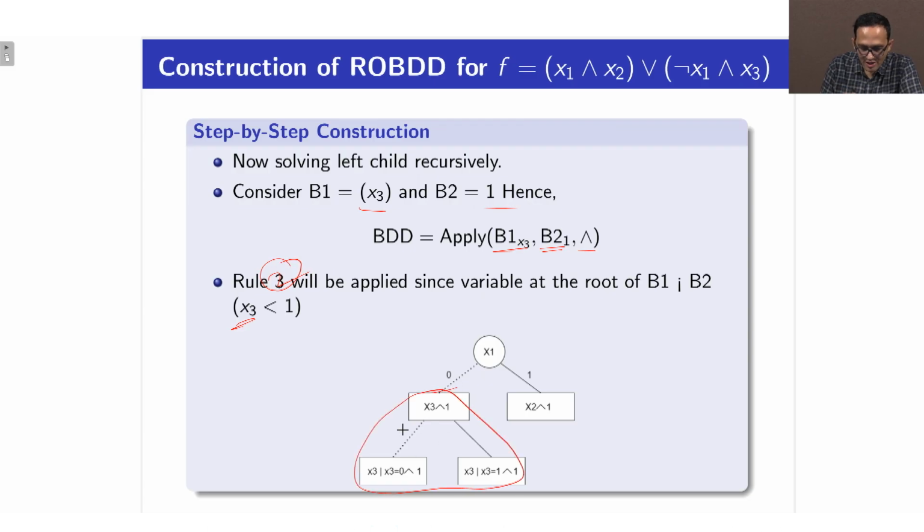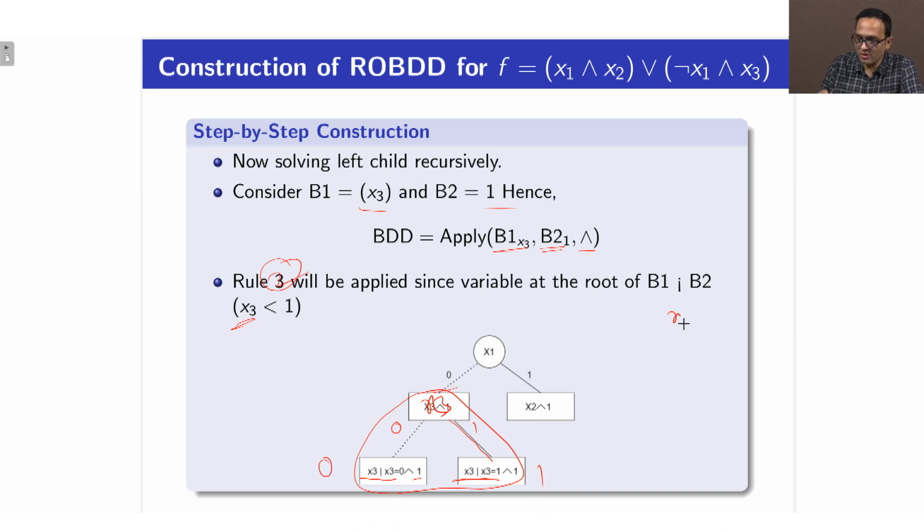So, x3 if it is 0 then I am restricting this x3 to 0 and 1 because 1 does not have x3. Then here what is happening? This will be x3, right, because the root node, and now restricting this with x3 equal to 1 and 1. So, if you put x3 equal to 0, this will become 0 and this will become 1.